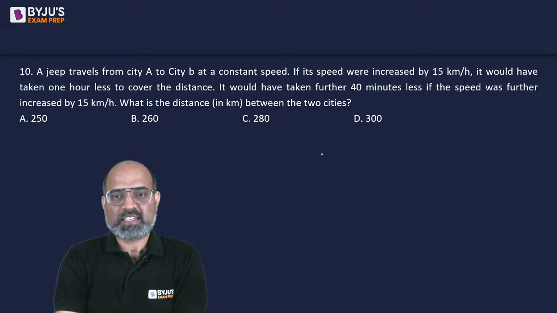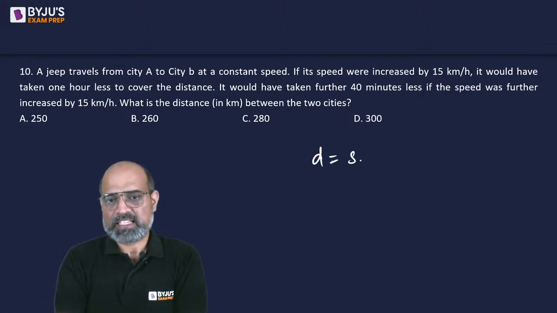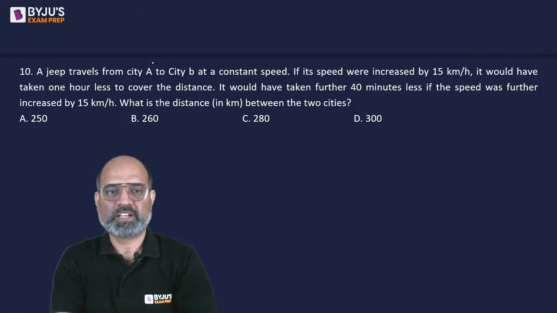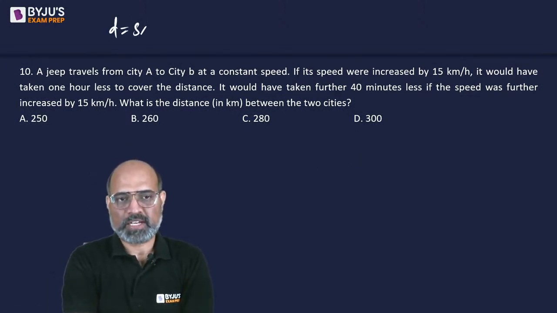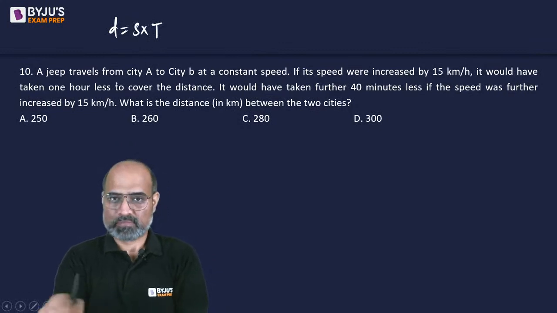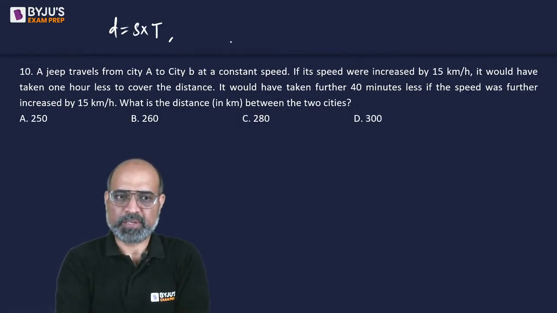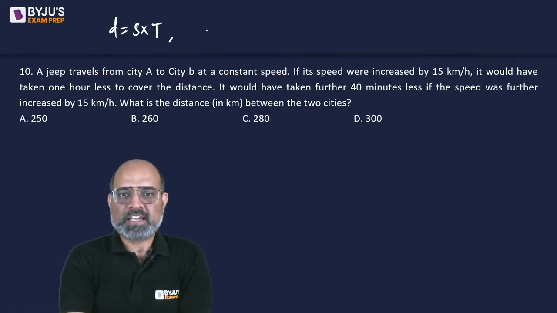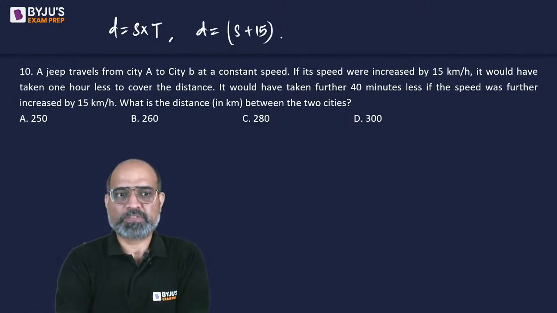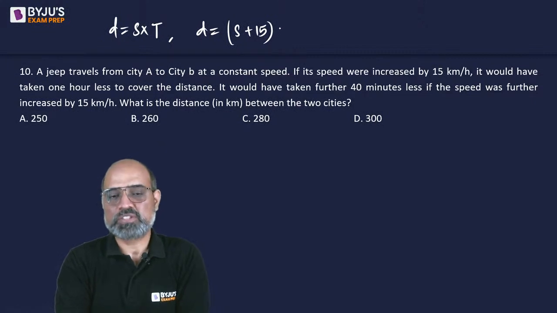So the distance is, let's say, D, speed is S and time is T, right? मैं इसको ऊपर से लिखना शुरू करता हूँ. I am pretty sure that we will have equations, lengthy ones. If its speed were increased by 15 km per hour, so instead of S, this is S plus 15, it would have taken 1 hour less to cover the distance, so T minus 1.